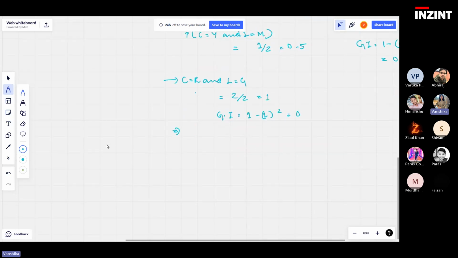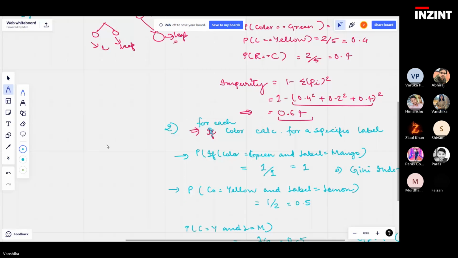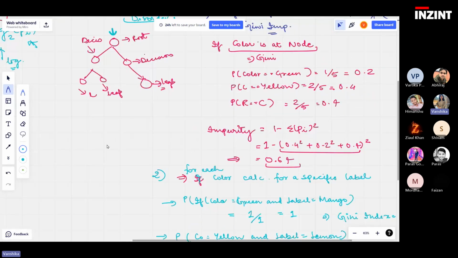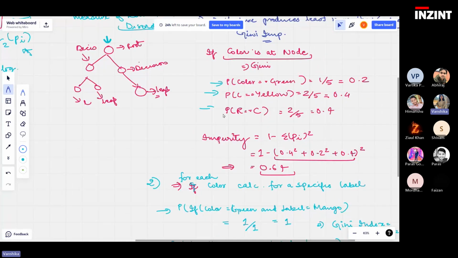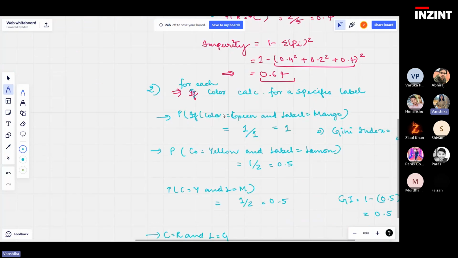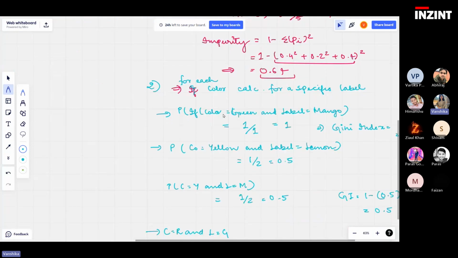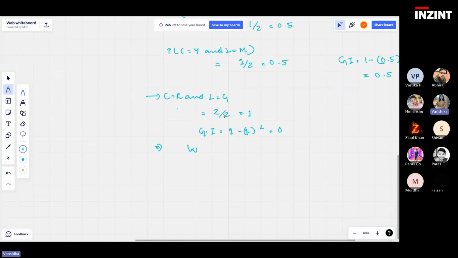In the previous sample, we had calculated the individual probability of the color. And here we have calculated color along with label. So now what we are going to do is calculate the weighted Gini impurity. This term weighted is going to come up at various instances in machine learning. You can associate it with priority.